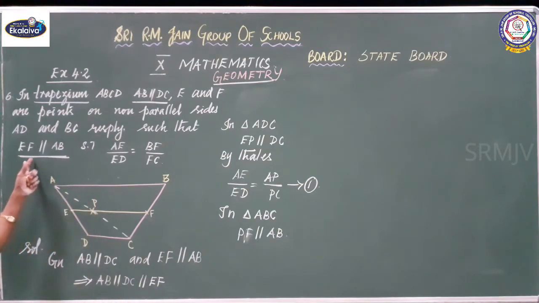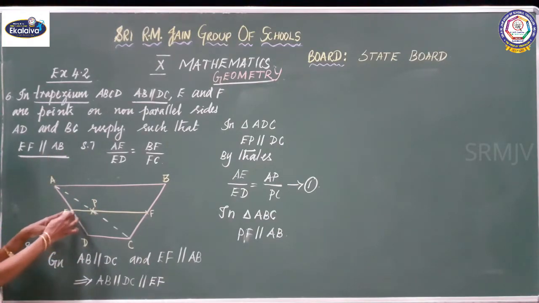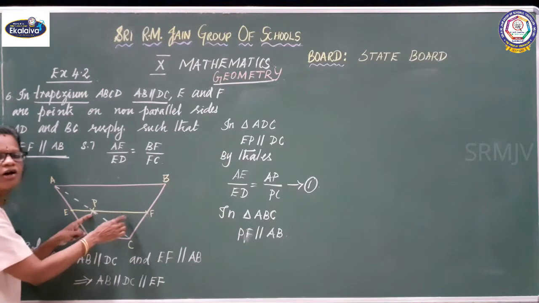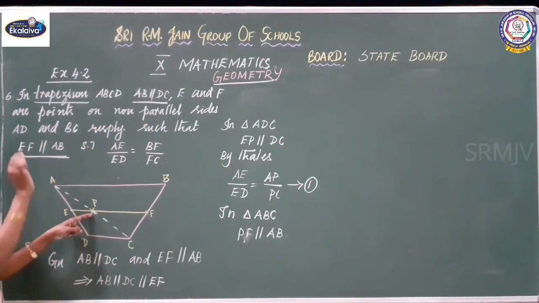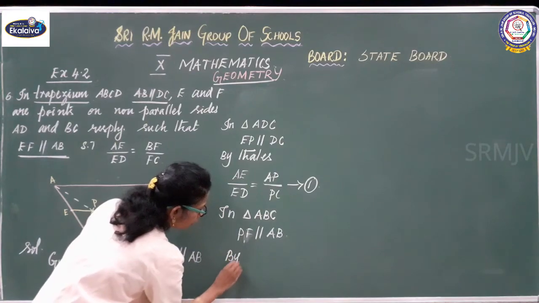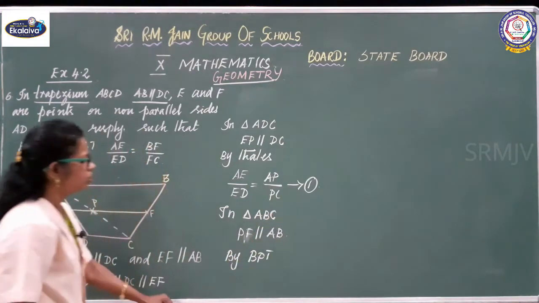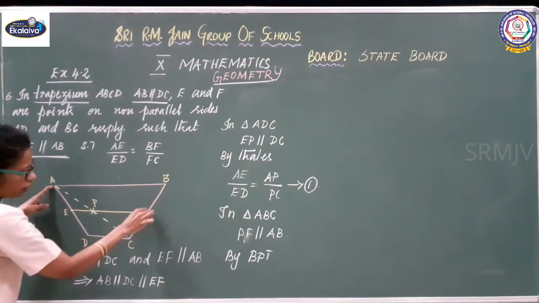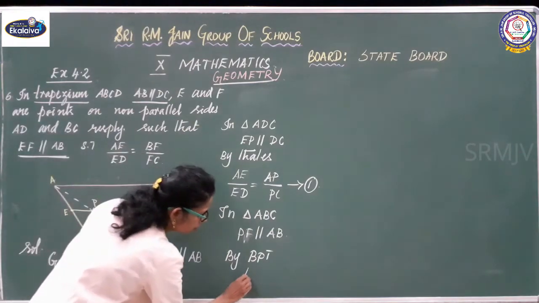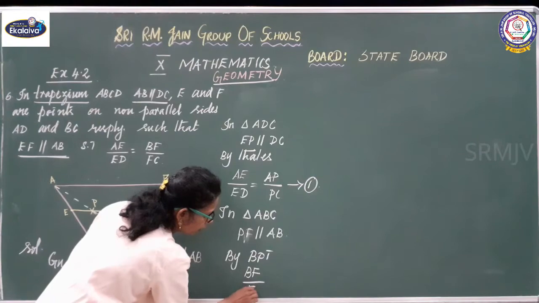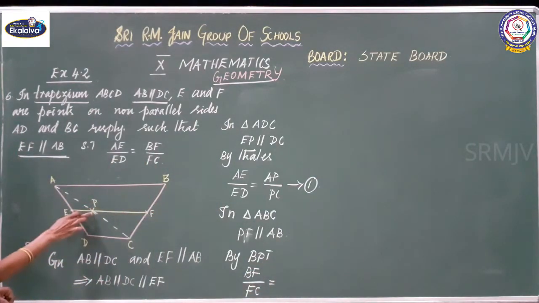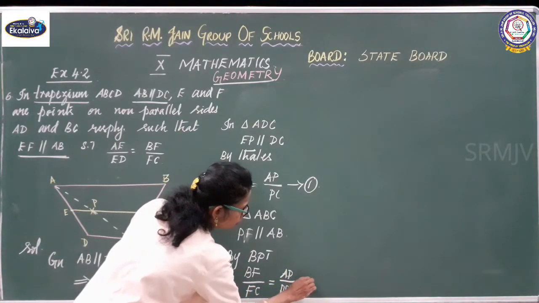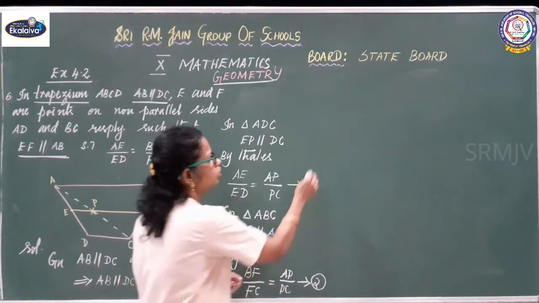Because it is given EF is parallel to AB. What are the points lying on the line EF? From the point to that end, definitely it is parallel to the side AB. By BPT or Thales, BF divided by FC equal to AP divided by PC. This is equation number 2.